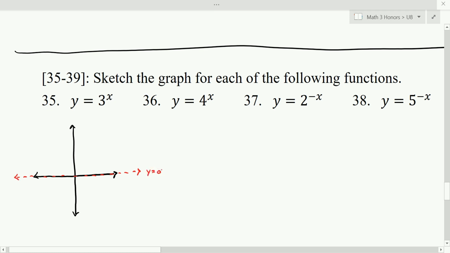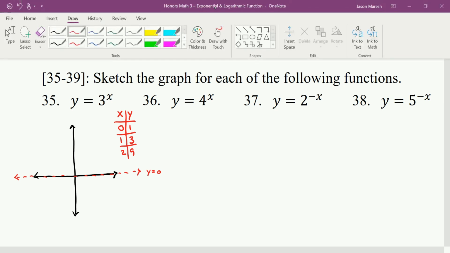And then you can just take some test points. So if I plug in 0 for x, what do we get for y? If I plug in 1 and plug in 2, and so I'm going to plot those points.